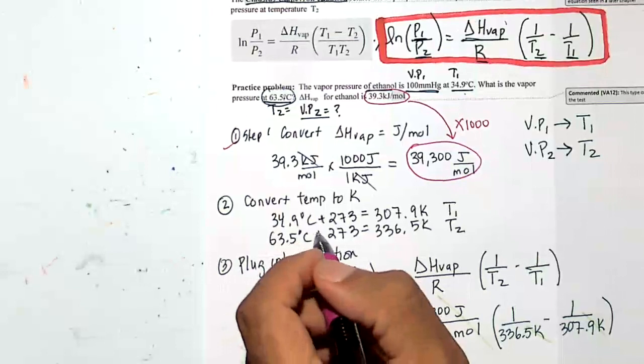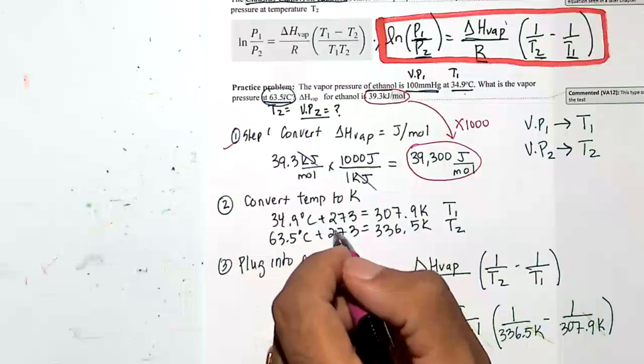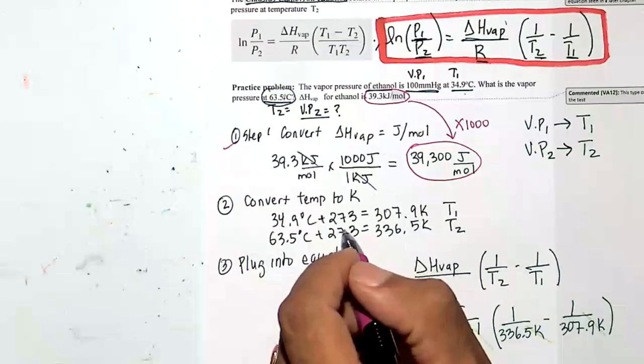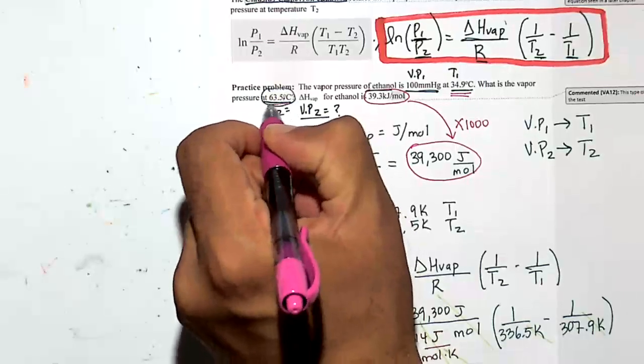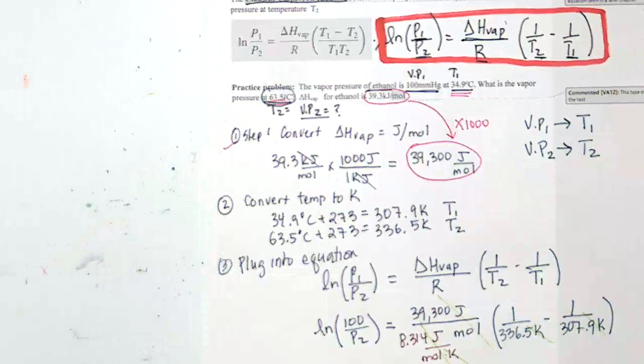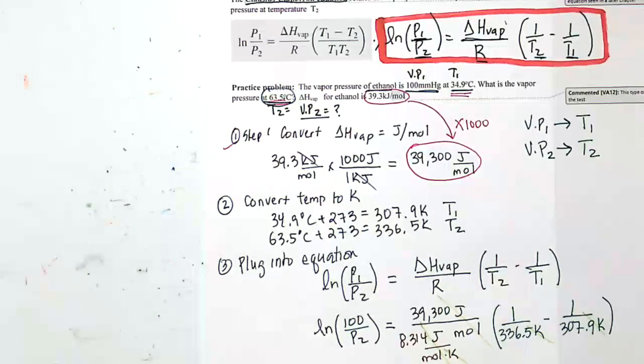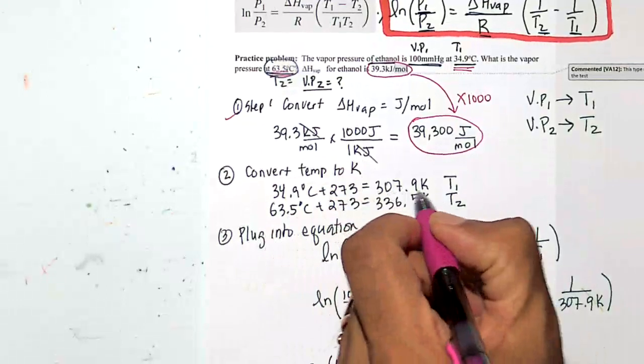All right, the second step is to convert all your temperatures to Kelvin. So what is the formula to convert degree C to Kelvin? Okay, add 273, we get it to Kelvin.